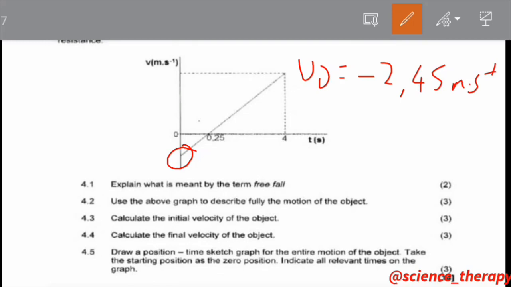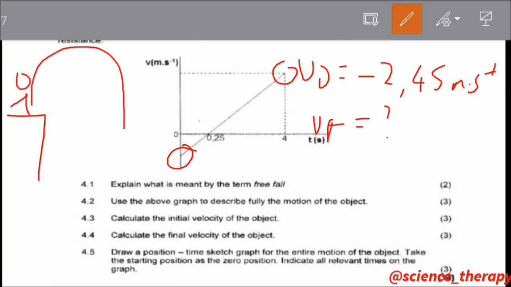Remember, the final velocity of the object is the moment when it hits the ground. So now we don't have that VF. That's what we are looking for. But this time around, we are taking the whole journey. We are not taking it from the moment it is projected to the maximum height. We are now taking the whole journey, that means from the moment it is projected all the way up until it hits the ground, right?